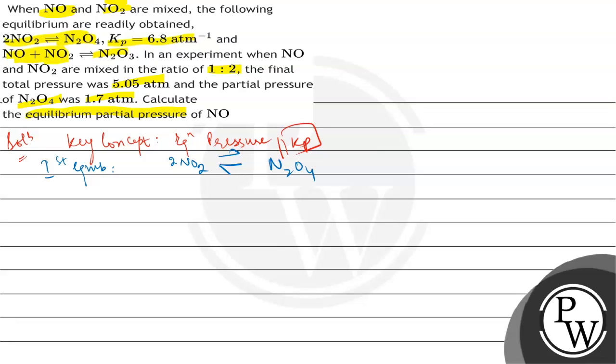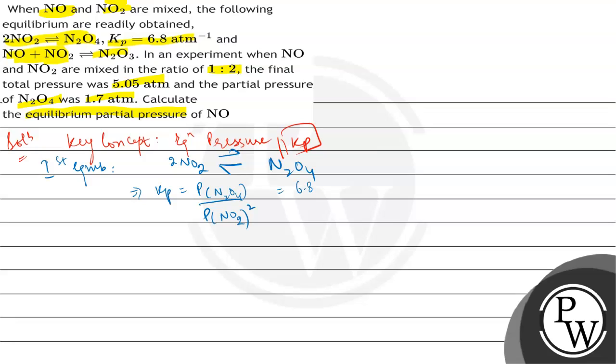For this, if you write the expression of Kp, it will be equal to pressure of N2O4 upon pressure of NO2 raised to the power of its stoichiometry. And this value of Kp is given as 6.48.